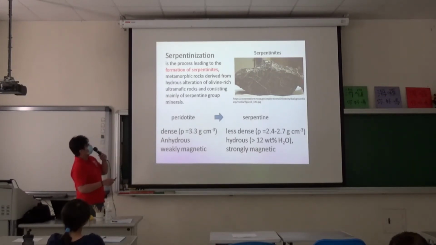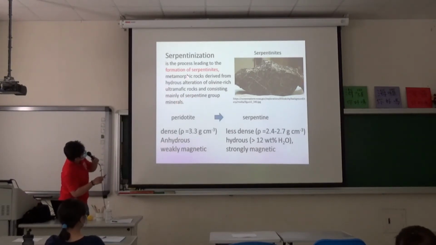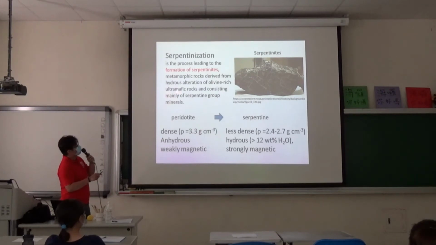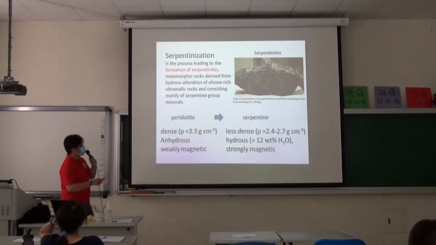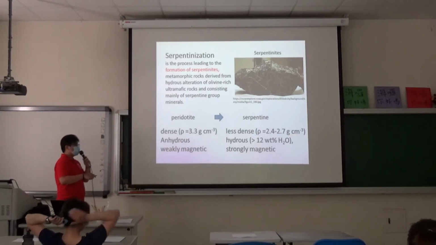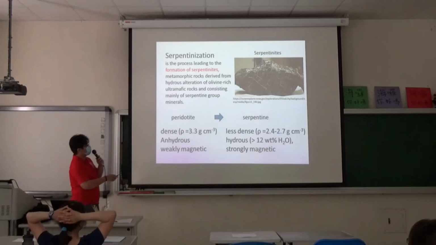It is a metamorphic rock derived from hydrous alteration of olivine-rich ultramafic rocks and consists mainly of the serpentine group minerals. There are physical and chemical changes between these two types.